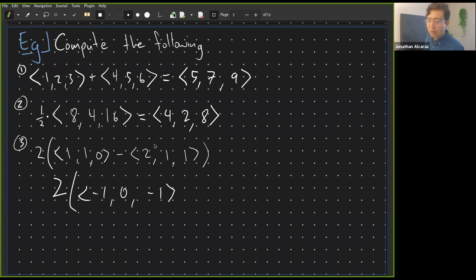I did 1 minus 2, that gives me -1. 1 minus 1, that gives me 0. 0 minus 1, that gives me -1. Now I can go ahead and multiply by this scalar, and that gives me -2, and then 2 times 0 is still 0, and then -2. So I multiplied 2 by all of these, and I get -2, 0, -2. And that there is our final answer.